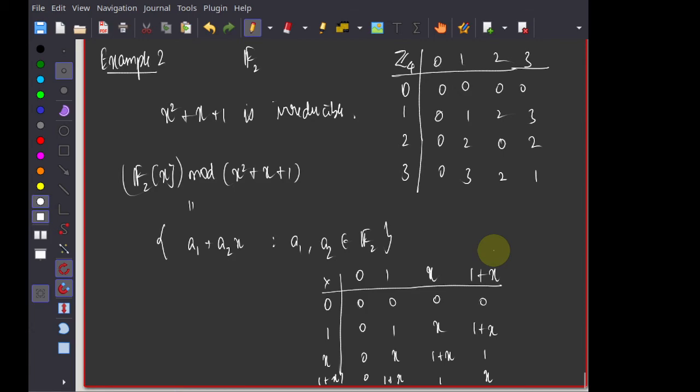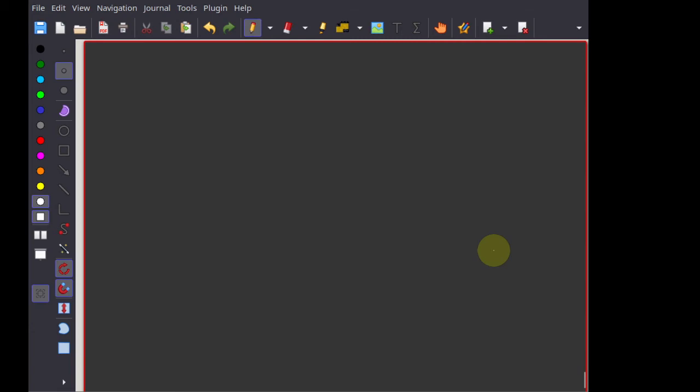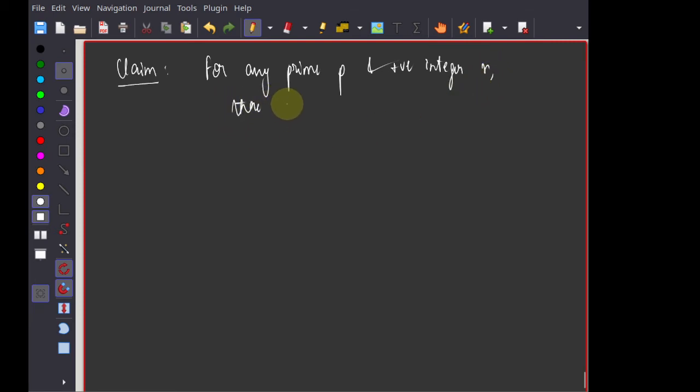So here's a fact. Of course, I'm not going to prove it. For any prime number p and positive integer n, there exists an irreducible polynomial.